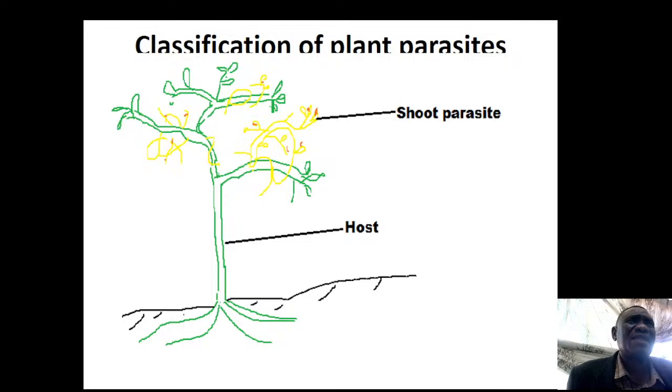Now let us look at the classification of plant parasites. We have what we call shoot parasites.